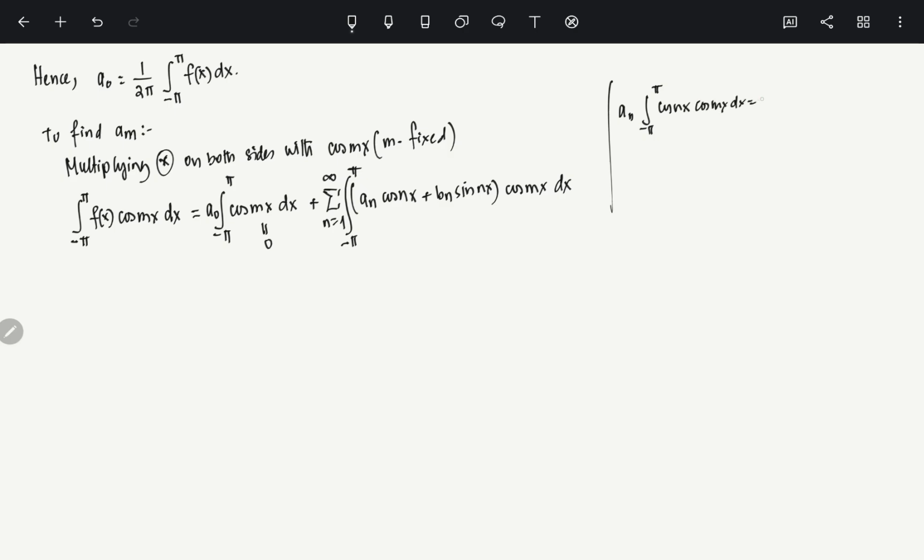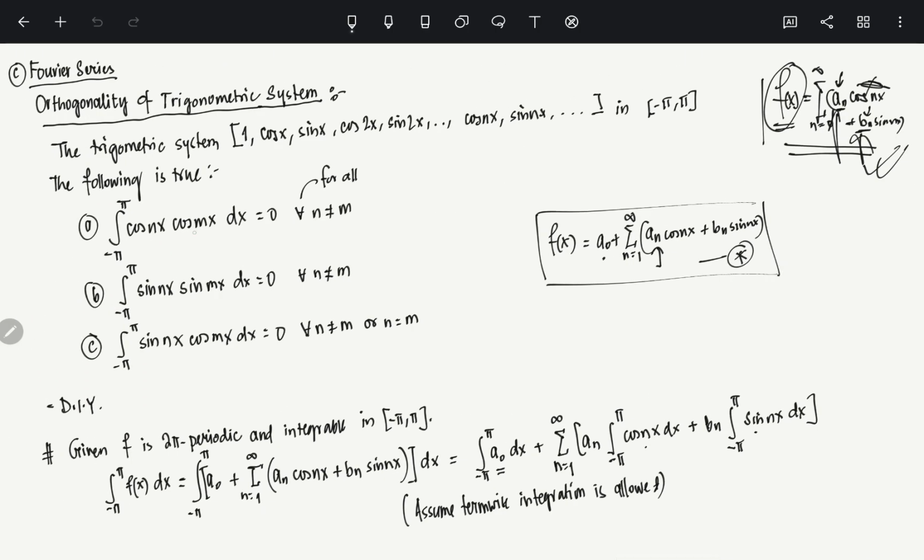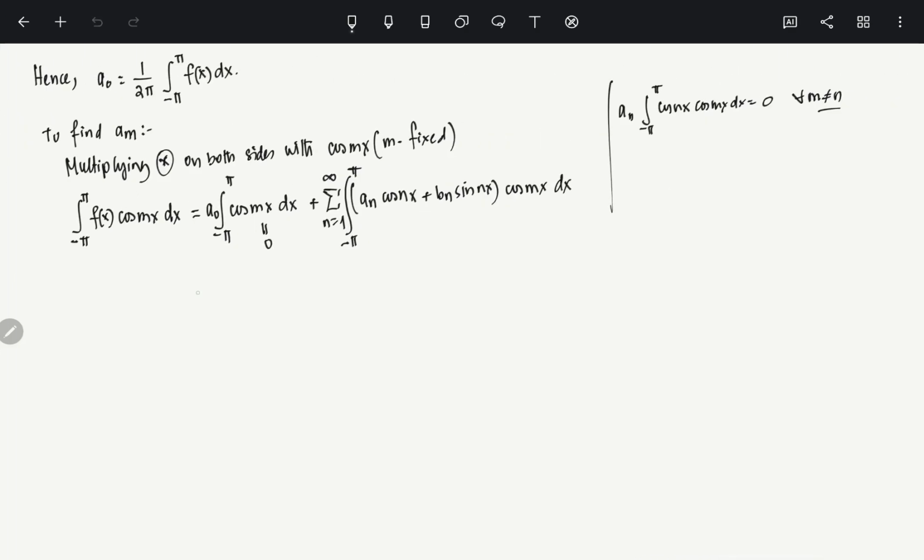We know that this is going to be 0 for all n not equal to m, right? So the only thing remaining is am times the integral from minus pi to pi of cosine square mx dx. So n equals m is the only non-zero term remaining.